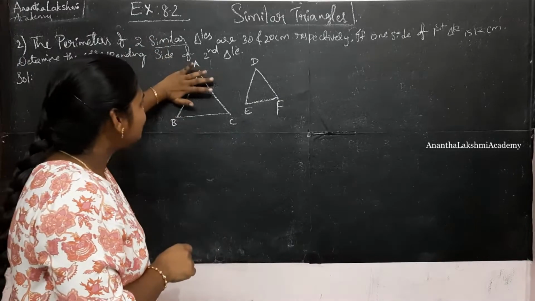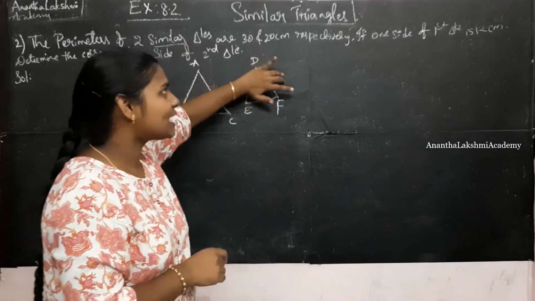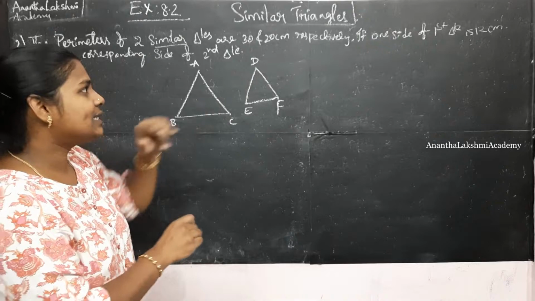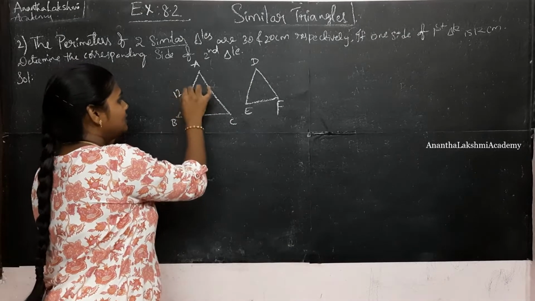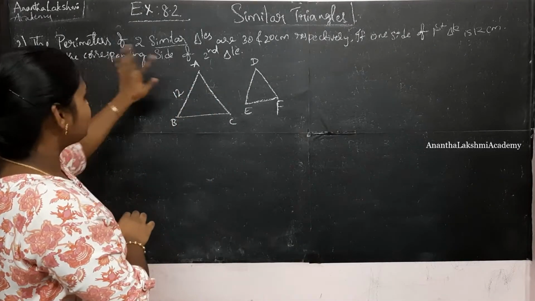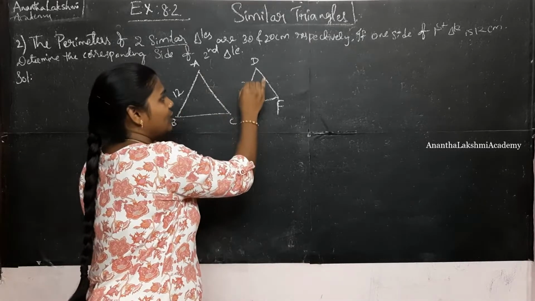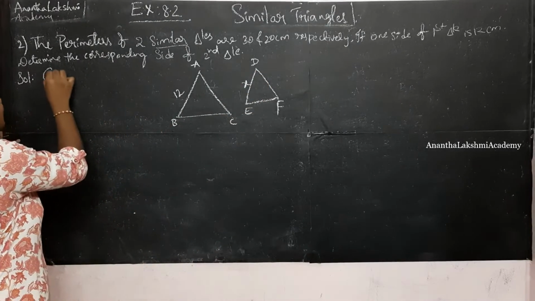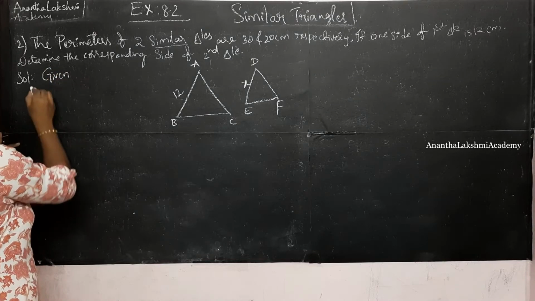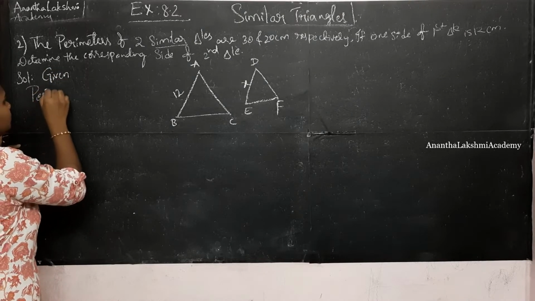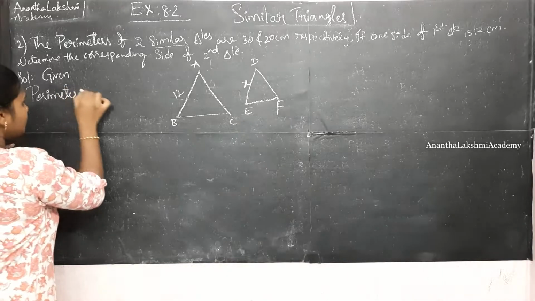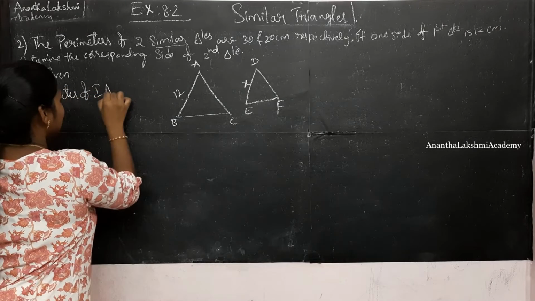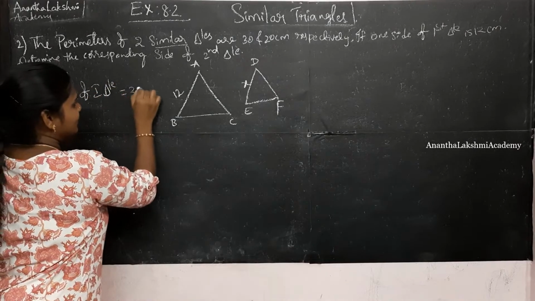So the first one's perimeter is 30 centimeters, the second one is 20 centimeters. One side of the first triangle is given as 12, so the corresponding side of the second triangle we need to figure out. Let me consider this as X. Given: perimeter of the first triangle ABC is equal to 30 centimeters.